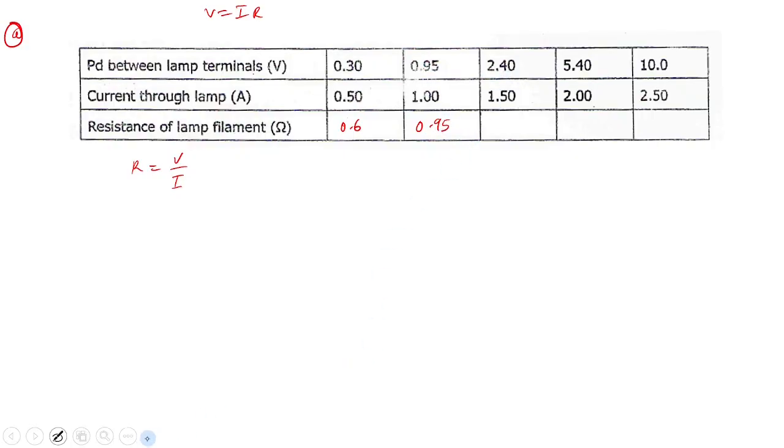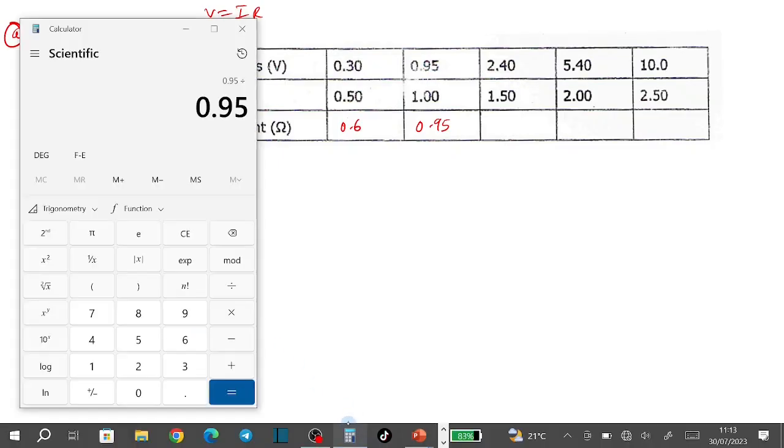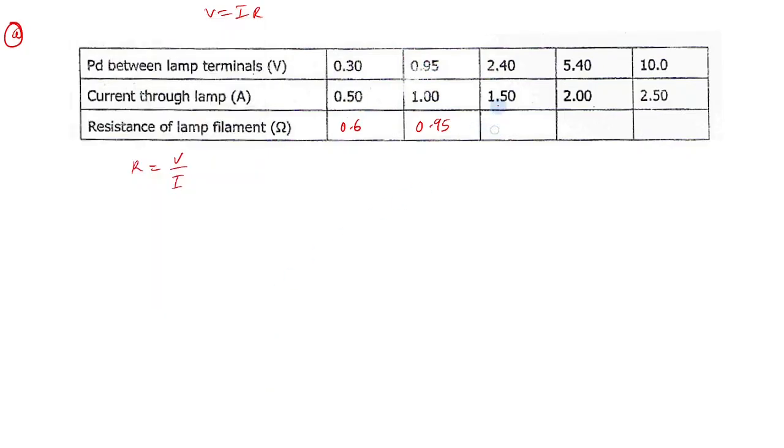Then here we'll have 2.4 divided by 1.5, I'll have 1.6. Then 5.4 divided by 2.